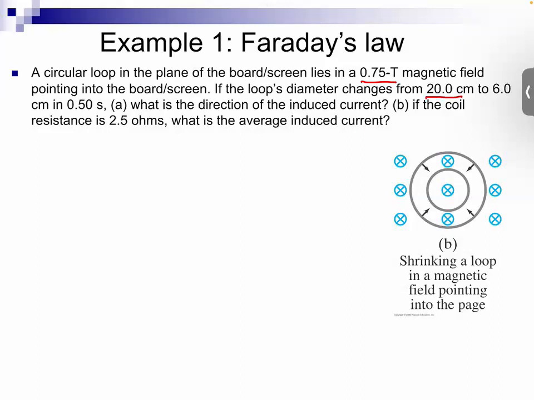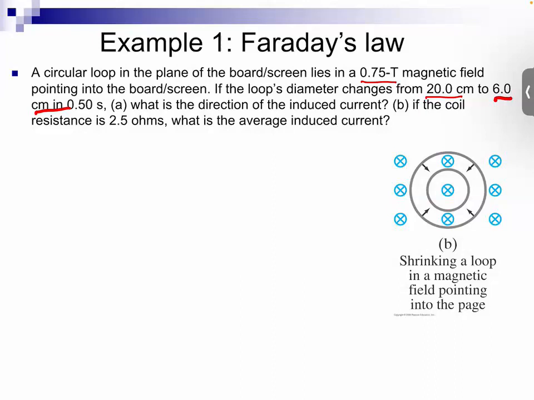So we have a bigger loop with a diameter of 20 centimeters, and then the loop is shrinking. As you can see here, the area of the loop decreases from 20 centimeters to 6 centimeters in 5 seconds.